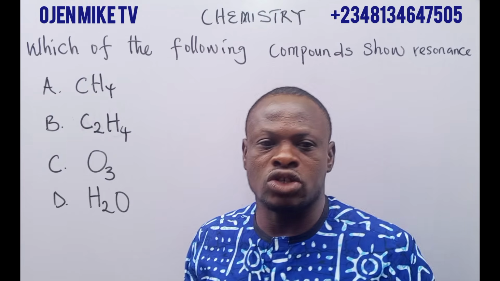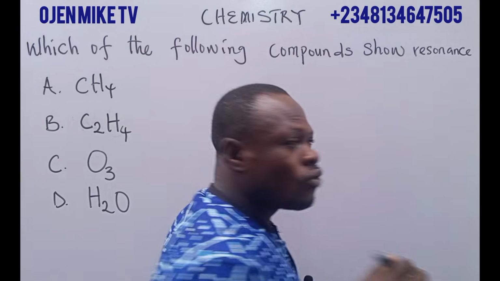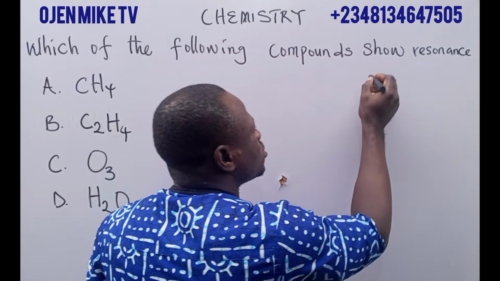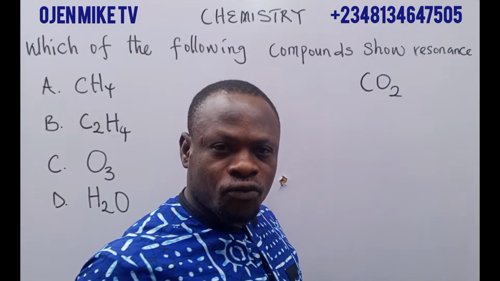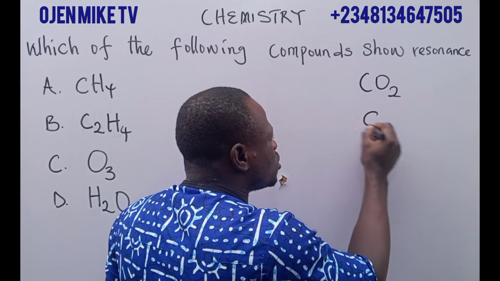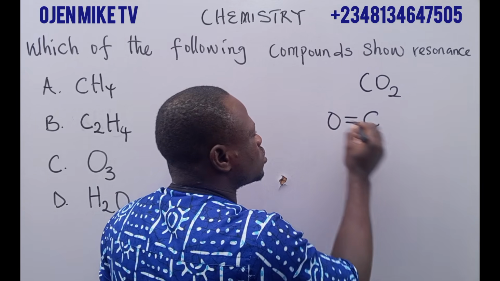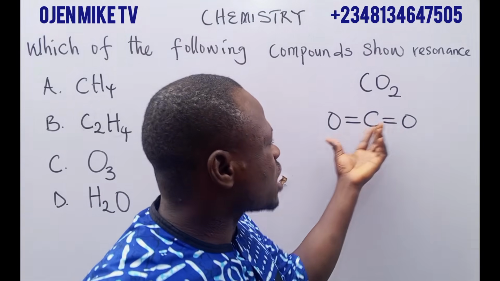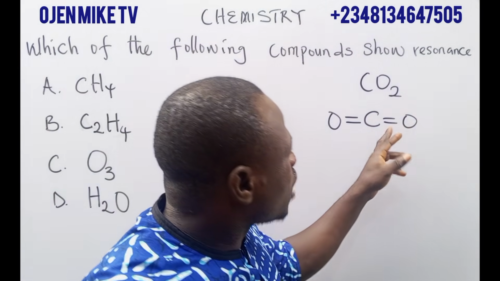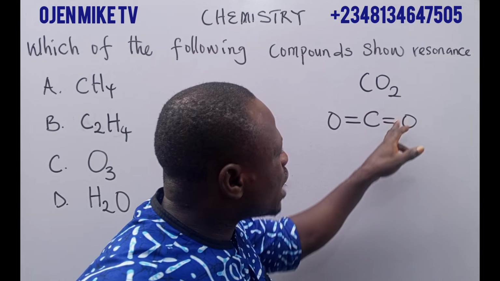Let me just illustrate it so that you don't get confused. For instance, we have CO2, carbon dioxide. If you look at carbon here, it's bonded with what? This is a double bond. Can this double bond move between atoms?